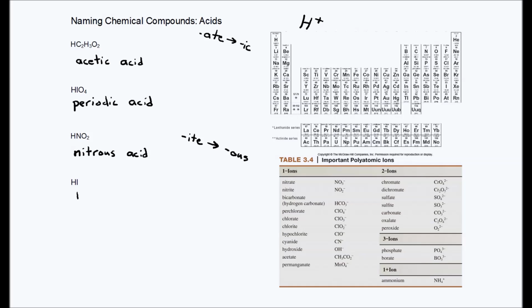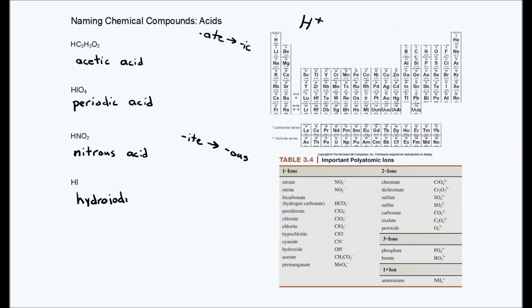And now I have a new case. This is binary now. This is a binary acid. And binary acids always, their names always start with one thing. And it tells you that this is binary. It starts with hydro. That tells you this is a binary acid. And from there you name it the way we've been naming it. This is iodine. The ending for all binary acids is IC. So iodine becomes iodic.